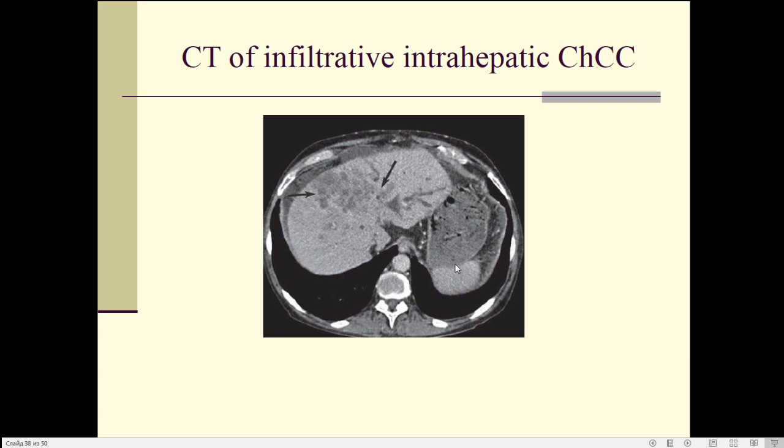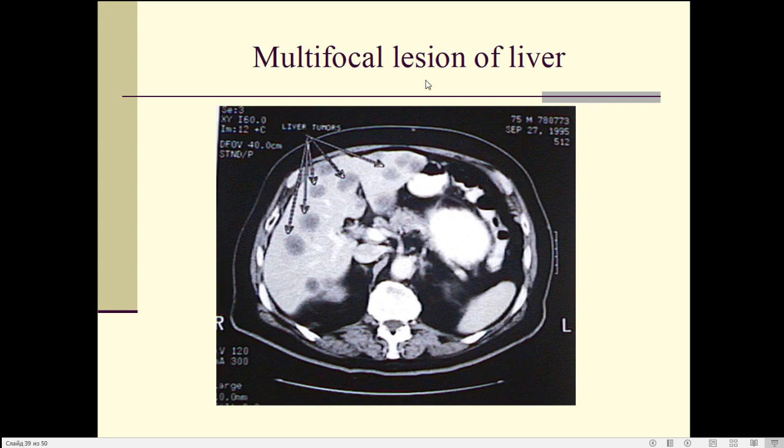CT scan of infiltrative intrahepatic cholangiocarcinoma. We see infiltrative growth involving more than one lobe. Multiple or multifocal lesions of the liver: metastasis of the liver, or primary multiple nodes of the liver.